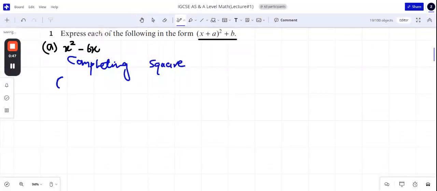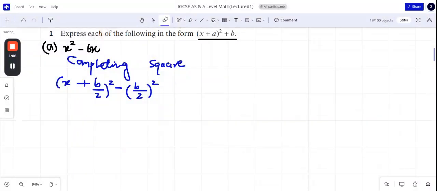The formula for this is (x + b/2)² − (b/2)².